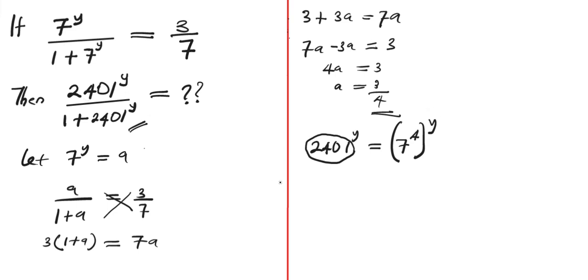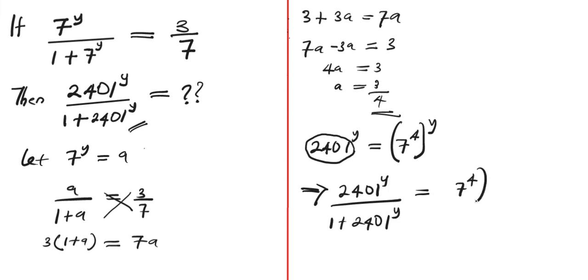So 2401 power y divided by 1 plus 2401 power y is equal to 7 power 4 power y divided by 1 plus 7 power 4 power y.